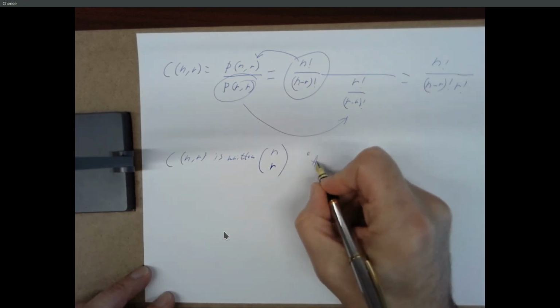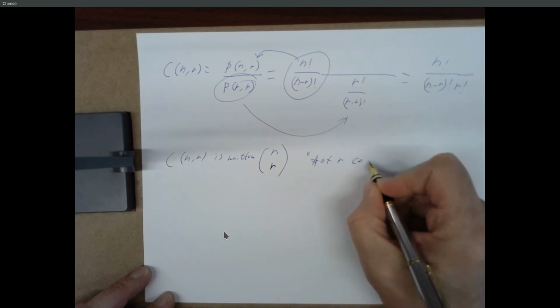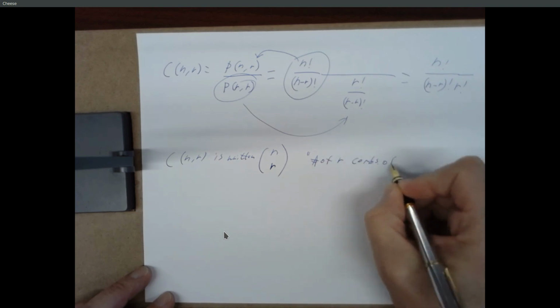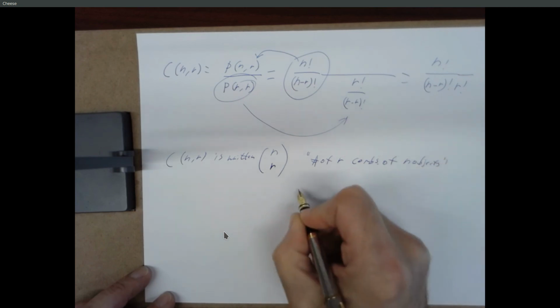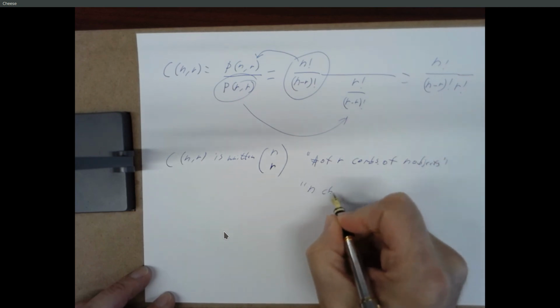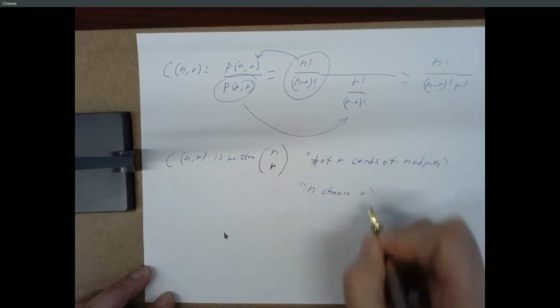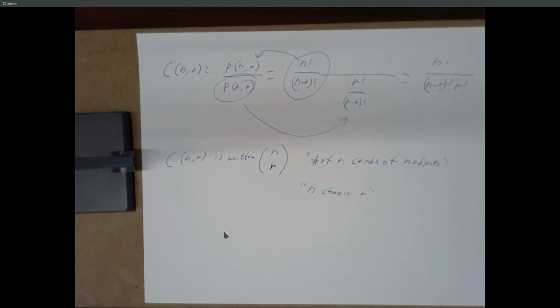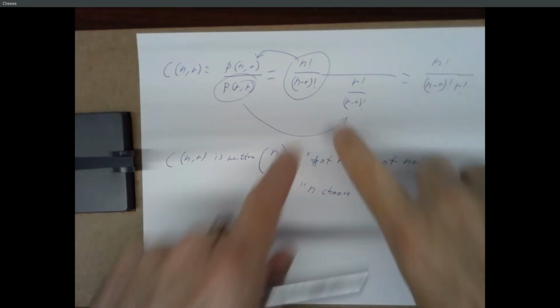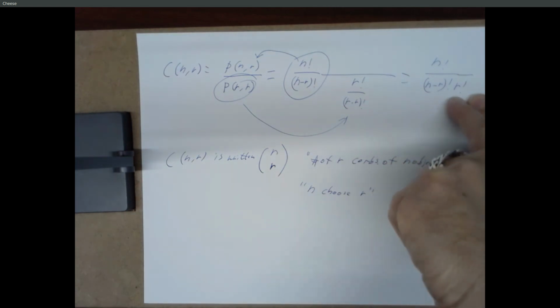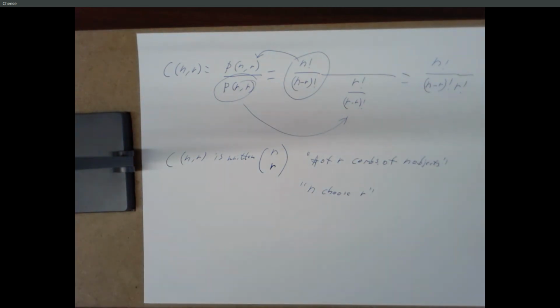And we could say it's the number of R combinations of n objects, or we could say it's n choose R. There's different language, but we're basically taking permutations and then dividing out by the number of arrangements of the objects we've chosen.